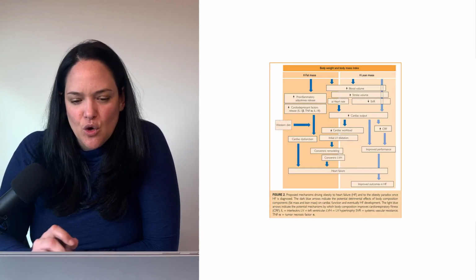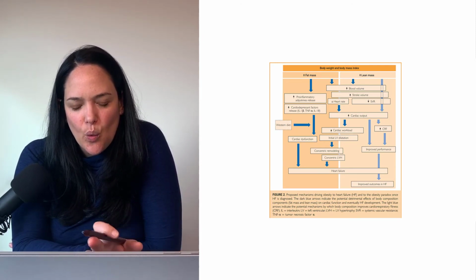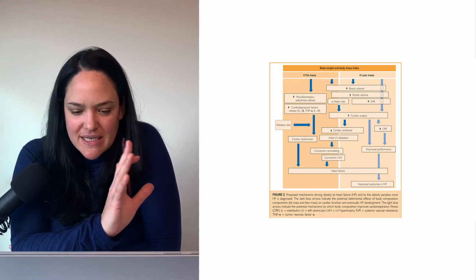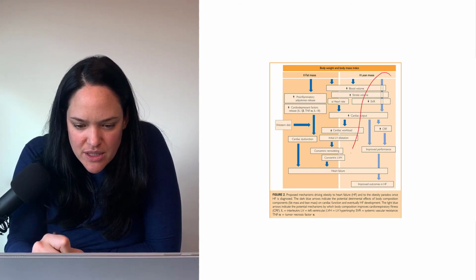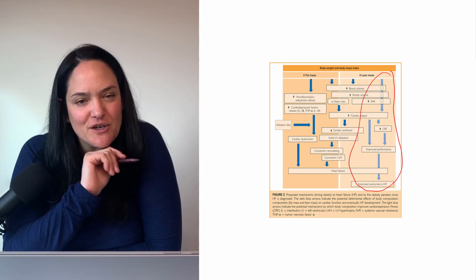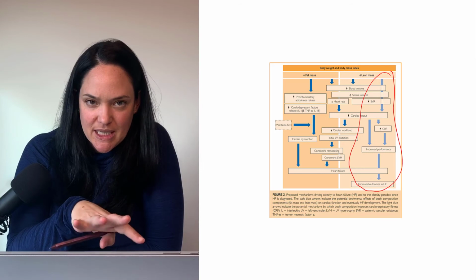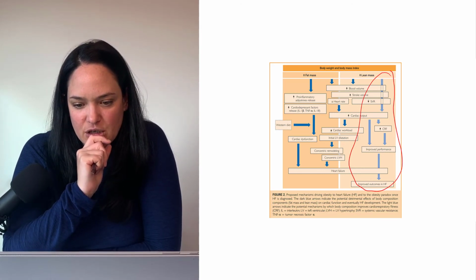Okay, so this slide gives some potential reasons or some things that might promote that improved outcome in heart failure, and I want you guys to be able to tell me what's going on in this slide. So part of your reading this week is this paper in particular.